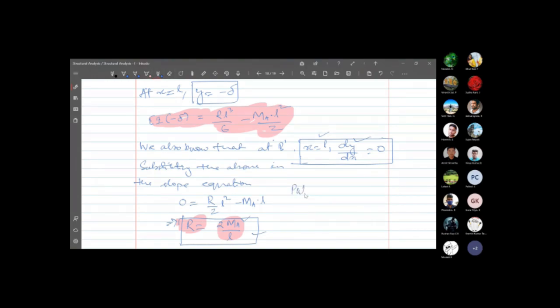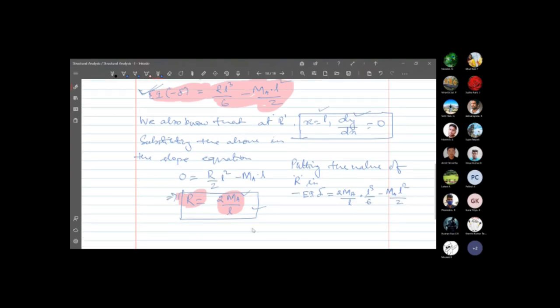Putting the value of R in this deflection equation, it is minus EI into delta equals 2ma by L into L cube by 6 minus ma into L square by 2.